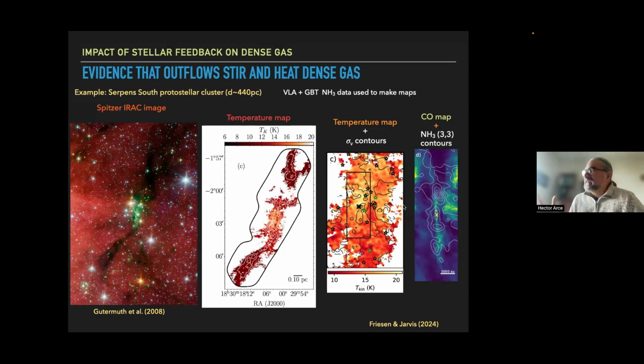So with this dense gas tracer, ammonia, we are able to study the dense gas in clusters, in regions around protostars, and see how the feedback affects that gas. So that's with ammonia.